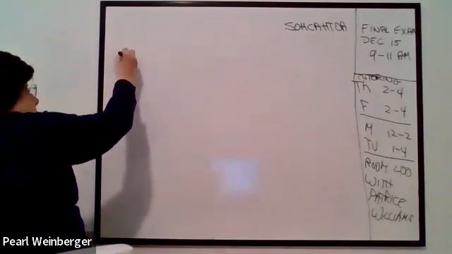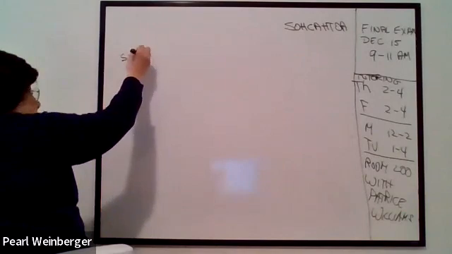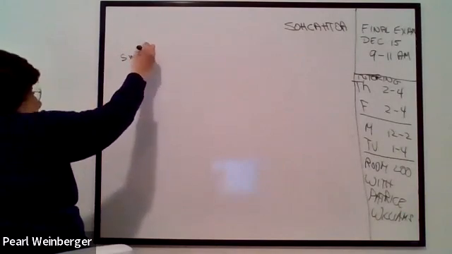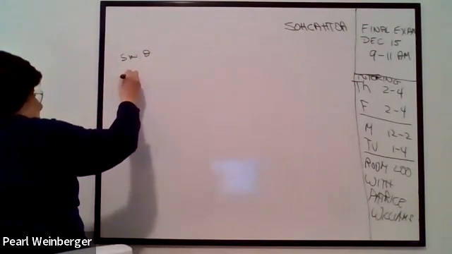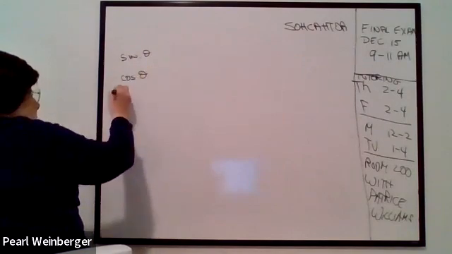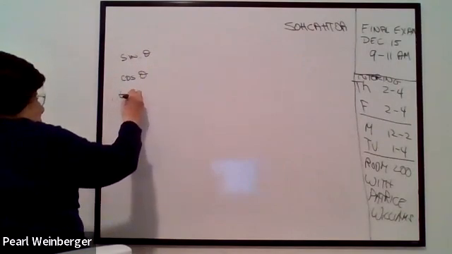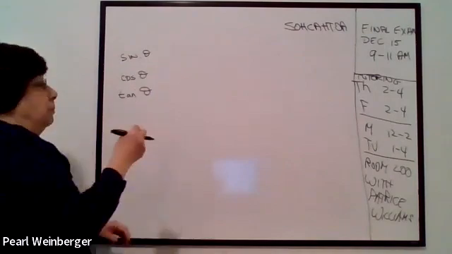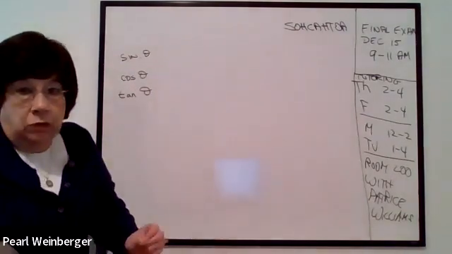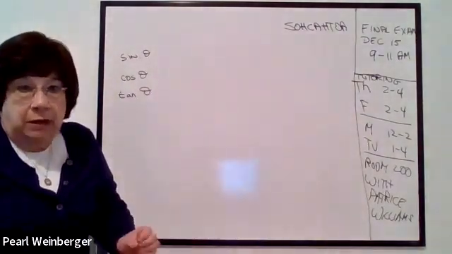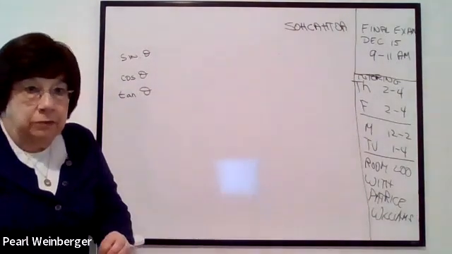The sine, and I'm just using the abbreviations, let's call it sine theta, the cosine and the tangent are what we call our primary trigonometric functions, or our primary trigonometric values.